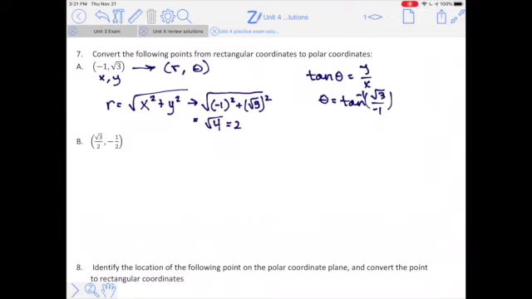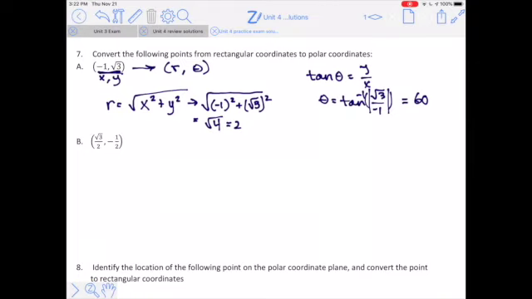So if we use a calculator to find the inverse tangent of square root of 3 over negative 1, or the inverse tangent of negative square root 3, that gives us negative 60. And the way we've always done this actually is just considering an absolute value. So if we did the inverse tangent of the positive square root of 3, this would come out to be 60 degrees.